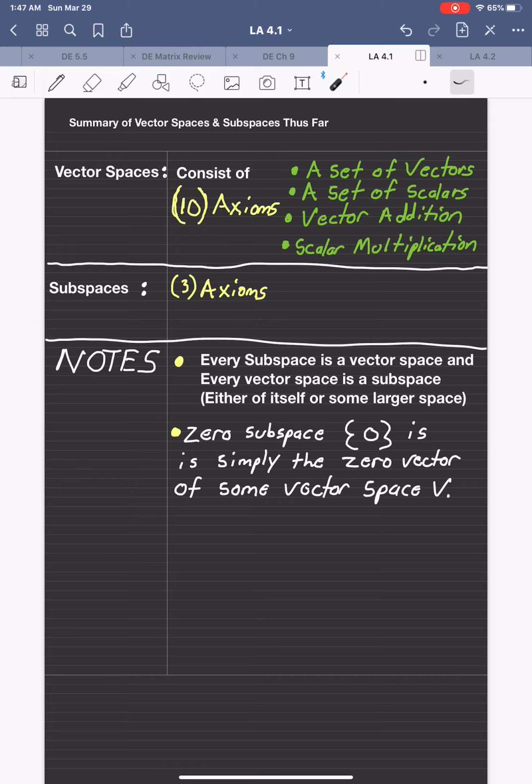Now, a couple things, I want to make sure you hear this. So I'm going to read: every subspace is a vector space. Now that might be confusing, but maybe I'll try an analogy. You can think about starting with a long piece of string and then making 2 cuts.